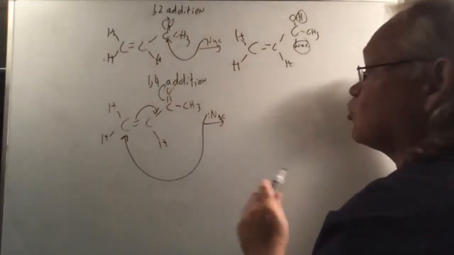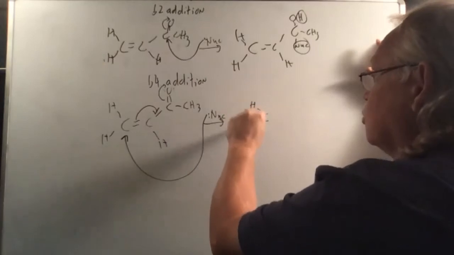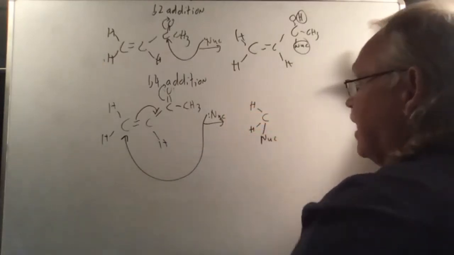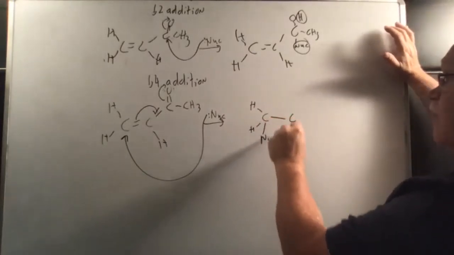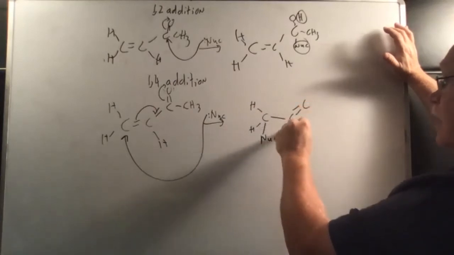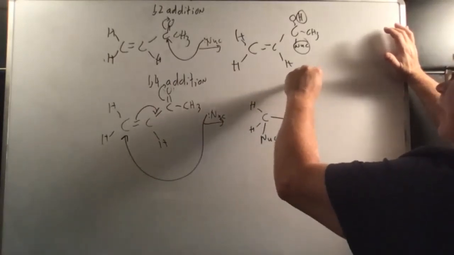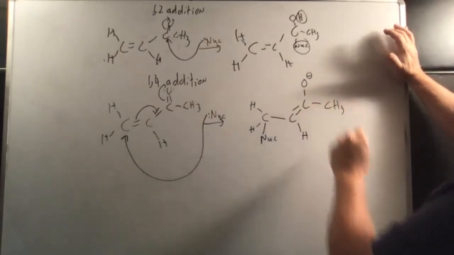Now you have to keep track of your electrons. So now we have the C with the two H's attached. Now notice the nucleophile is attached back here. I'm not going to move any of my atoms so that I can keep track of everything. And now notice we have an O minus there and a CH3 there.